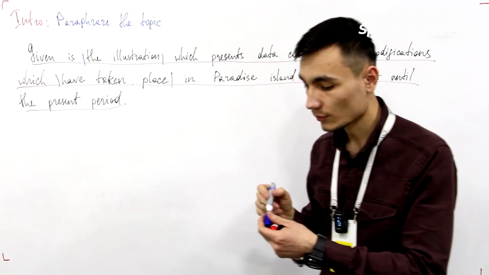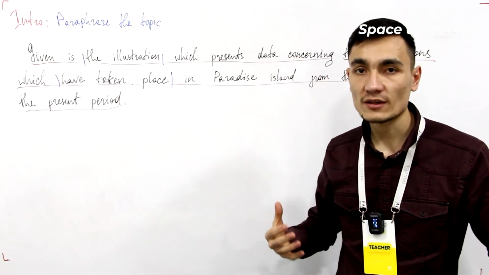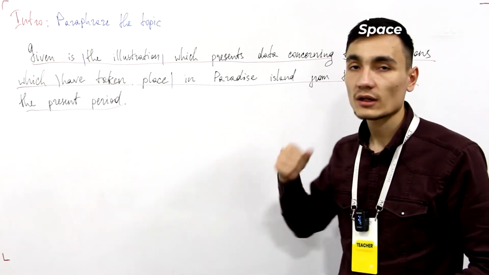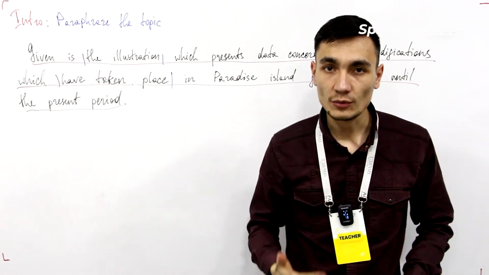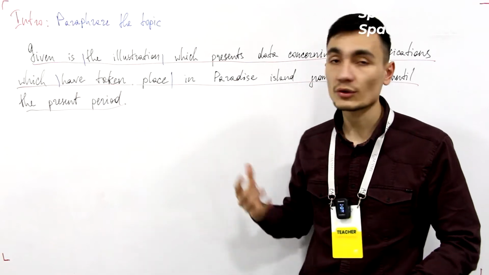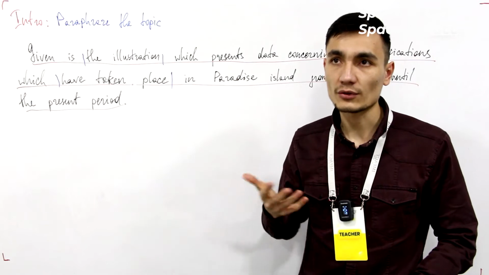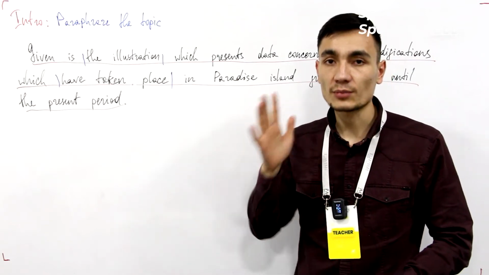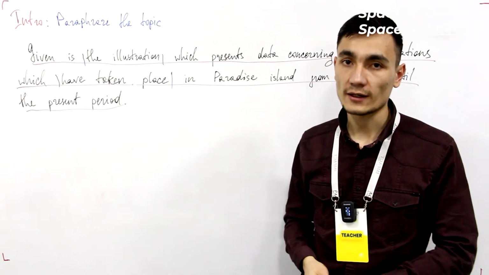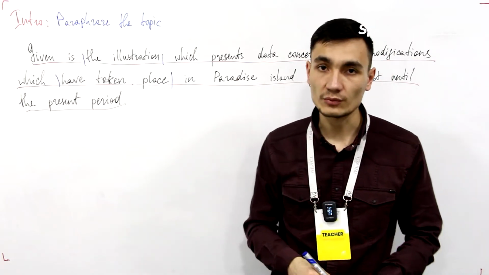And the reason why we use present perfect is because it's connected to the present period. So you have to pay attention to the time period when you're describing the map. If it's connected to the present period, you have to use present perfect or present simple structures. If it's connected to the past period, it's simply past perfect and past simple. And if it's connected to the future, you have to use future tenses. And in this part, because it was present, we said which have taken place, which is present perfect.